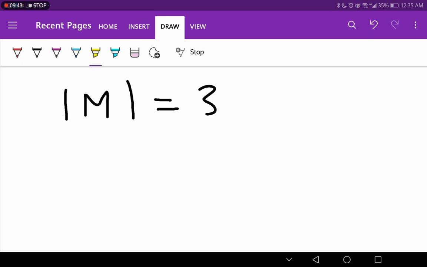Actually, every time you have absolute value, you have to check if the absolute value bars have anything around them. Okay, this is the left side and this is the right side.